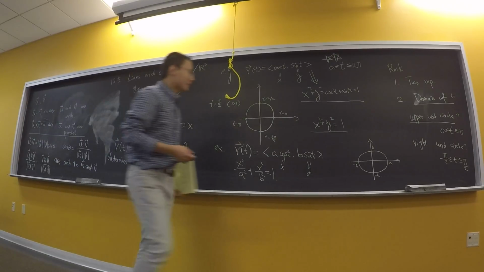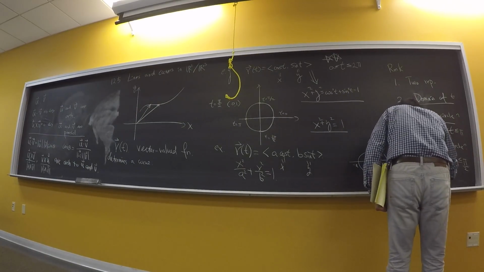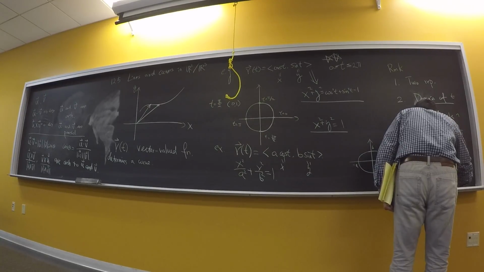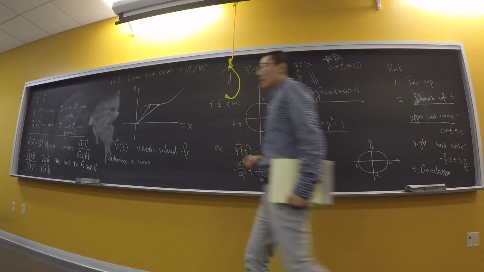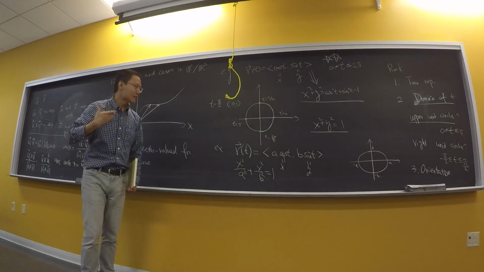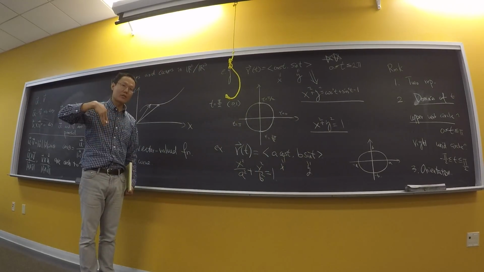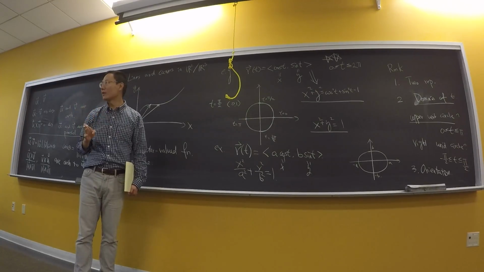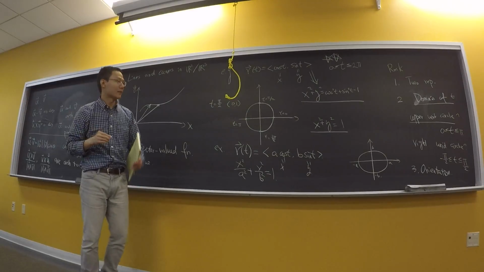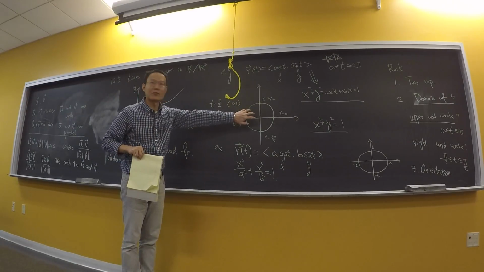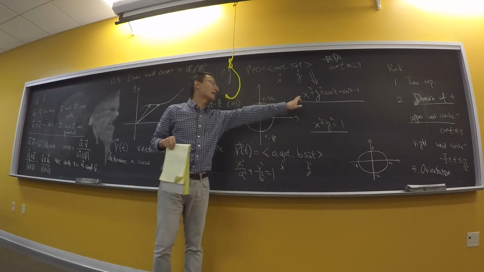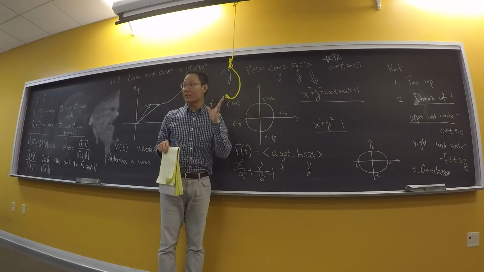And the very last remark I want to make is the orientation. By orientation, I mean on this curve, when my parameter t is increasing, there is a particular direction for the point to move around. For instance, I'm still looking at this unit circle defined by this x-y equation. I don't have any orientation at all.